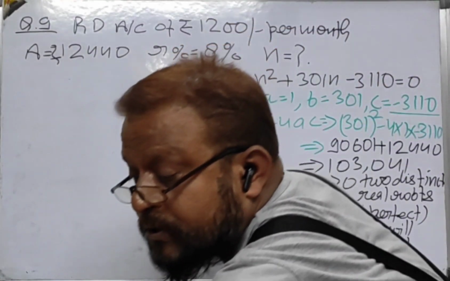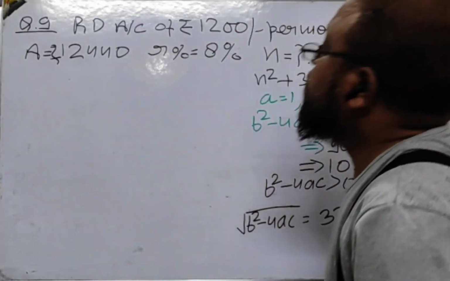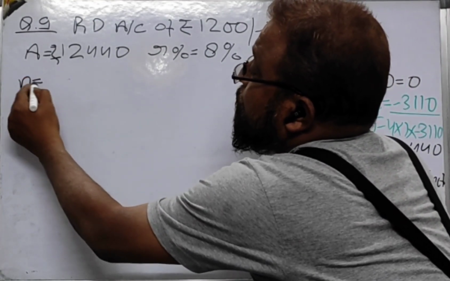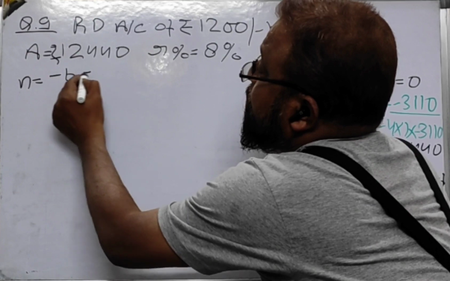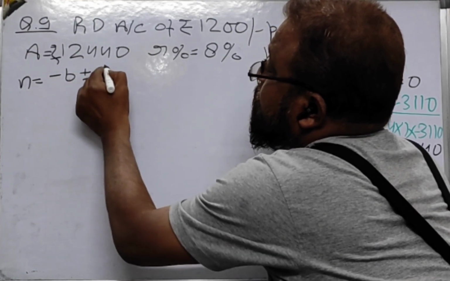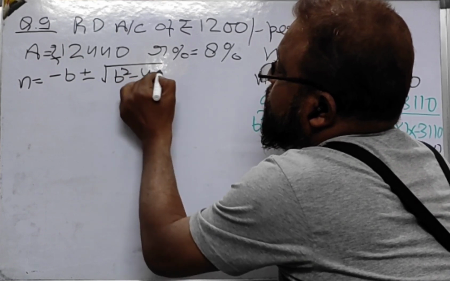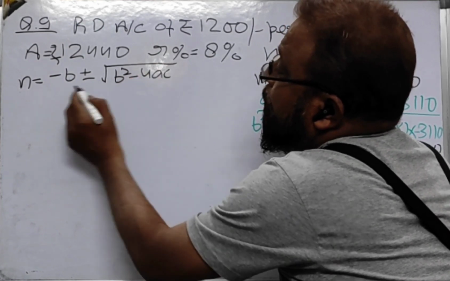As you studied in quadratic equations, n is equal to minus b plus minus square root of b square minus 4ac upon 2a.